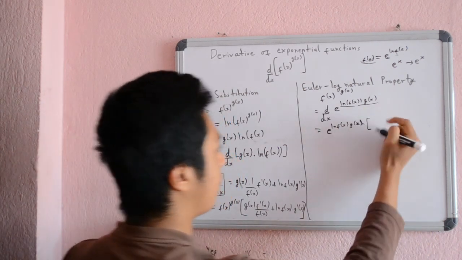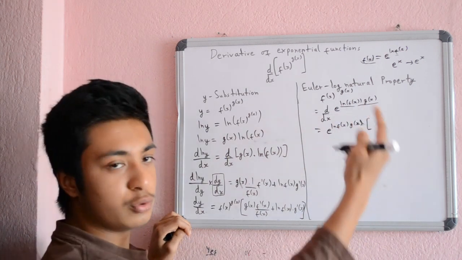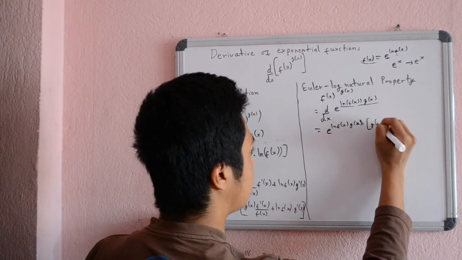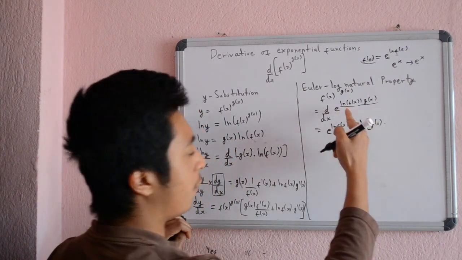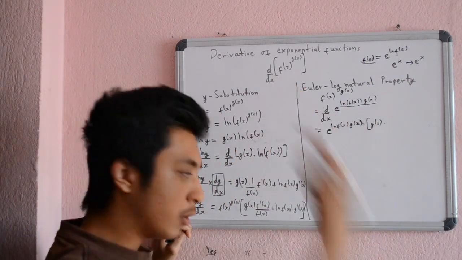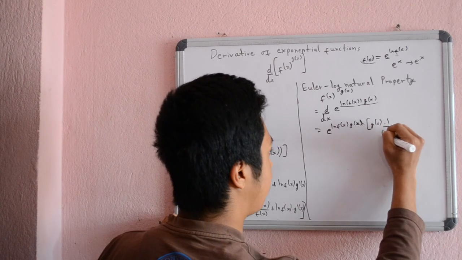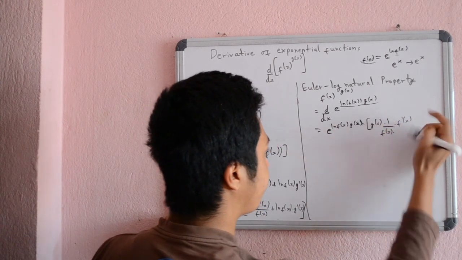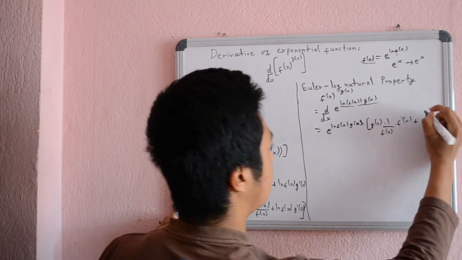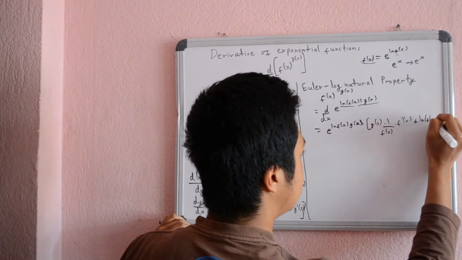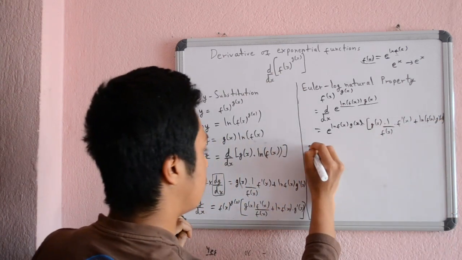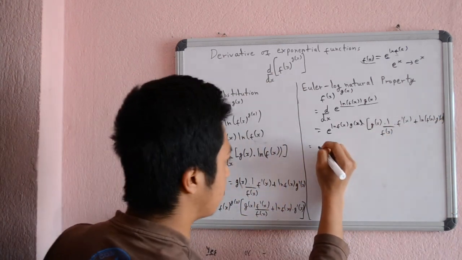Let's just do it directly. First you'll have g(x) times the derivative of ln of a function of x, which is 1 by that function times the derivative of that function, plus natural log of f(x) times the derivative of g(x). I'm going to write it right here, kind of running out of space.